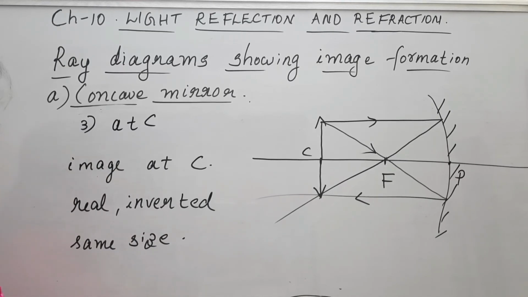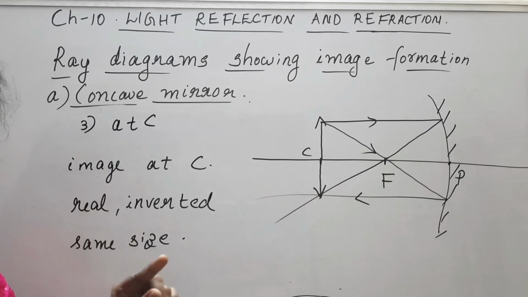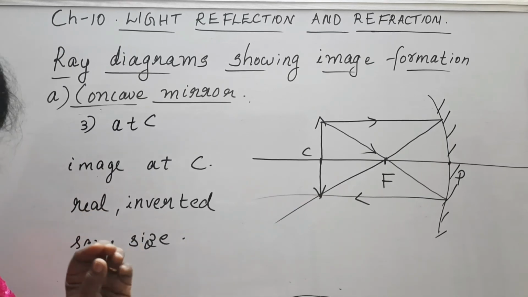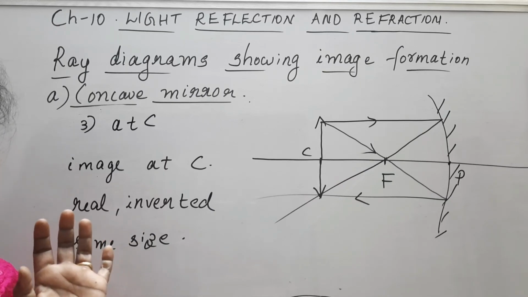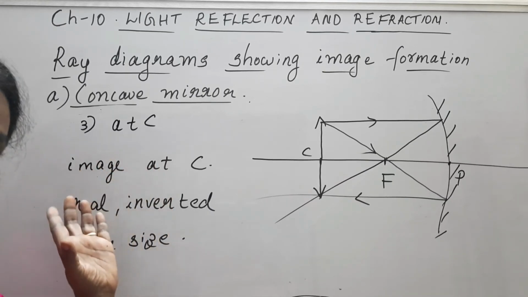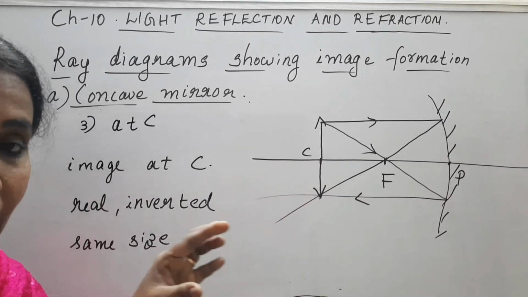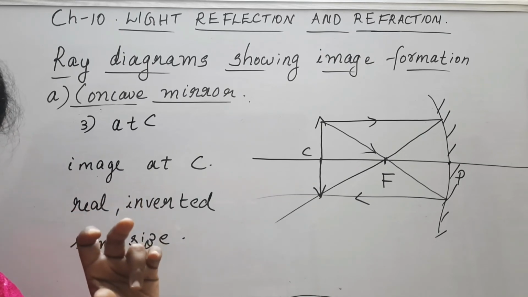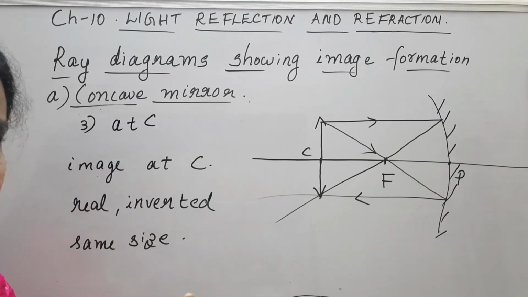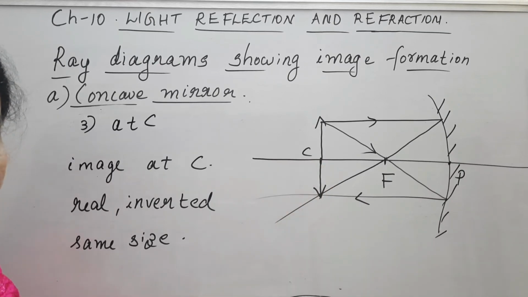So today we discussed 3 cases. When the object lies at infinity, the image was formed at F, and the image formed was very small in size, of course real and inverted. When the object was kept beyond C, the image was lying between C and F, and the image was smaller in size but not point sized, again real and inverted.